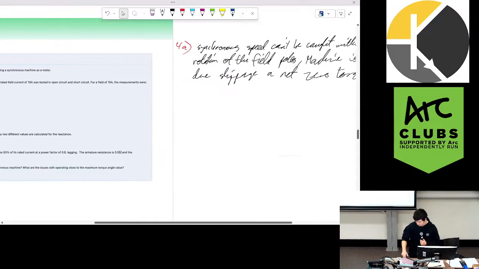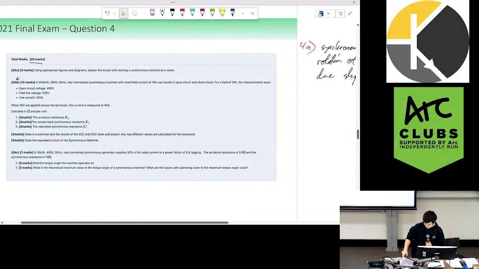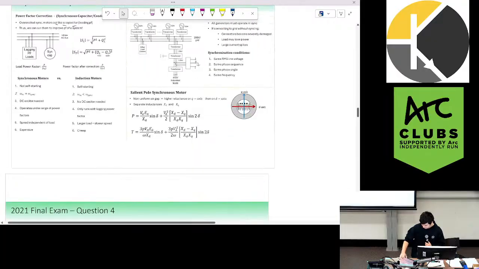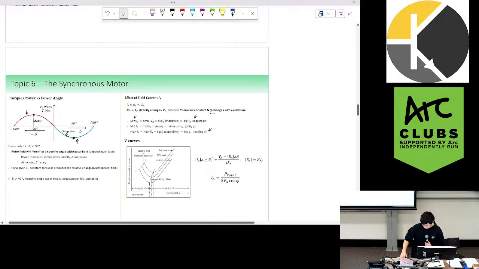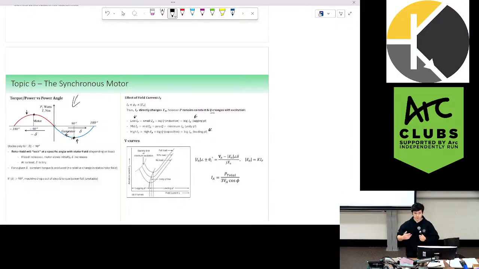Now, what figures and diagrams might we consider? You could potentially look at the torque power angle curve and reason that, since you're taking control systems, for an immediate beginning of torque there is some kind of reference to speed with respect to the derivative.